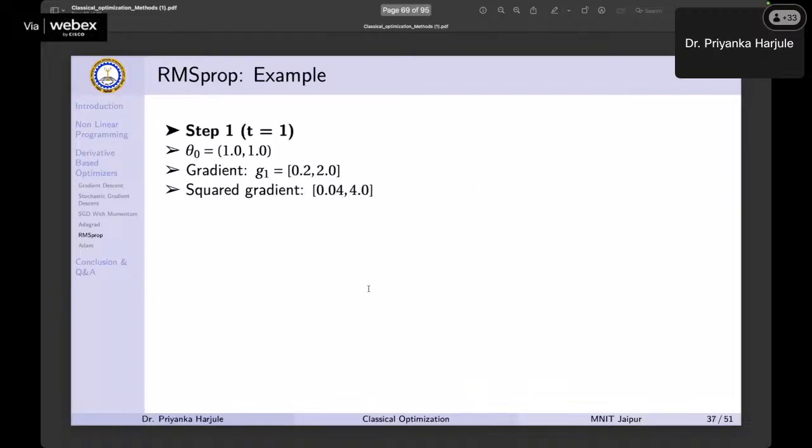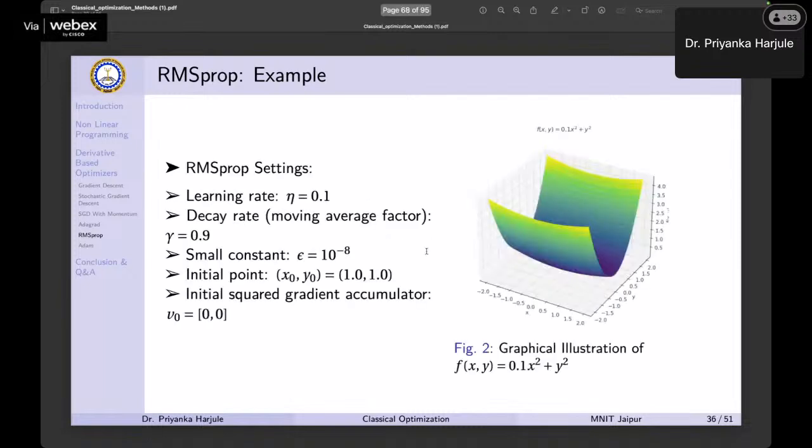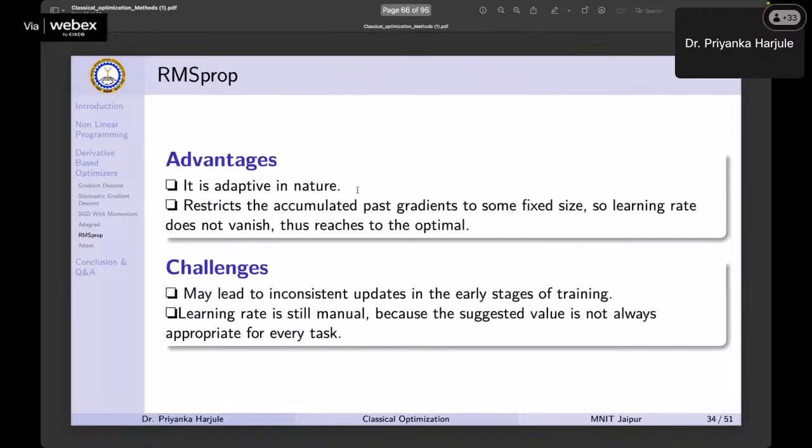Step one is to calculate g1, the squared gradient, and then we find the exponentially moving average using this formula that we saw here. We are representing this by nu 1.